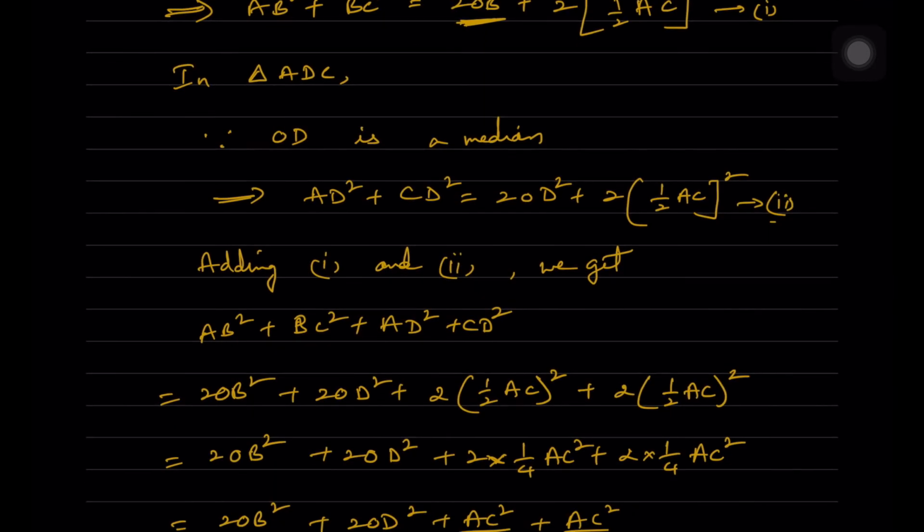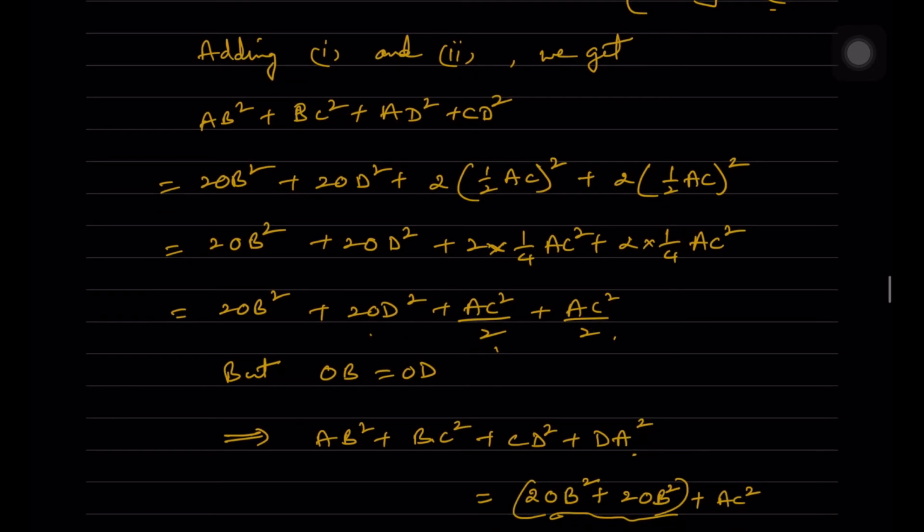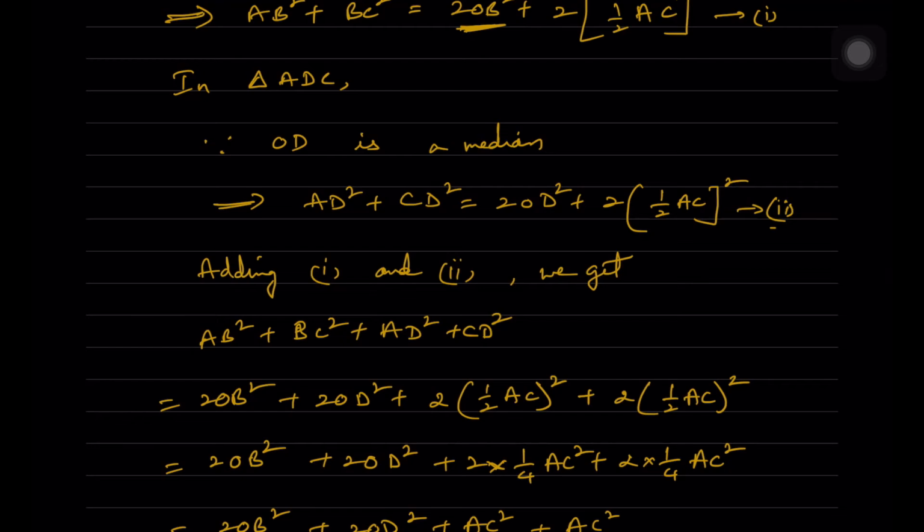So twice this half the square of the third side is nothing but equal to 2 into half into AC whole square. So therefore now here you got first and second equation, AD square plus CD square is equal to 2OD square plus 2 into 1 by 2 AC whole square with the half 2 outside.